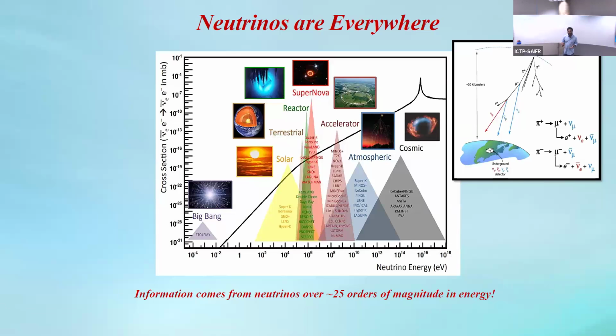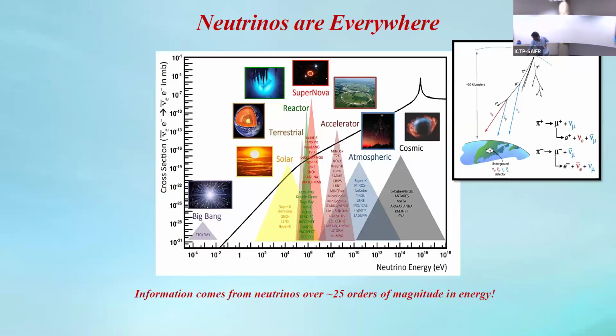Also in accelerators, you can produce these neutrinos. Here I am summarizing that information on neutrinos comes from 25 orders of magnitude in energy. If you see the energy scale and the cross section, for different sources there are different experiments ongoing, such as the solar experiments.